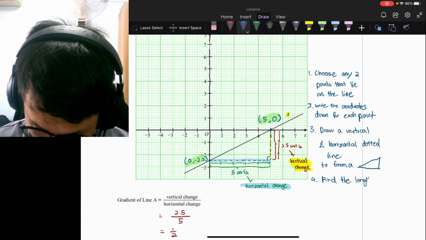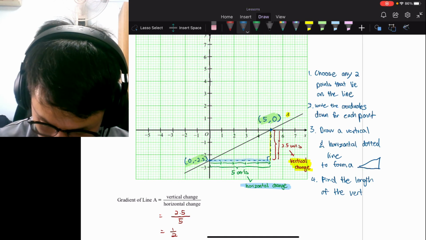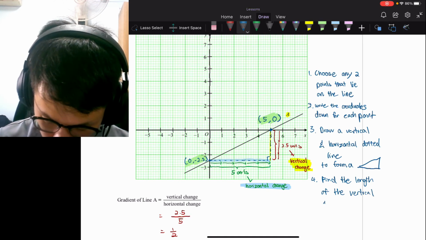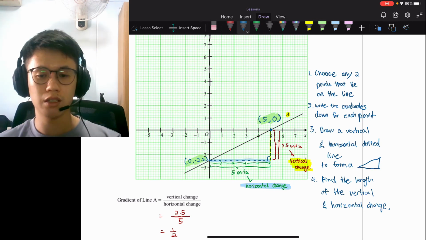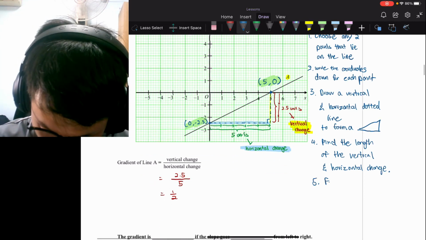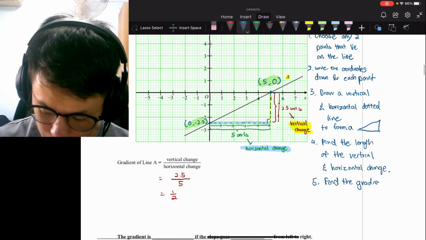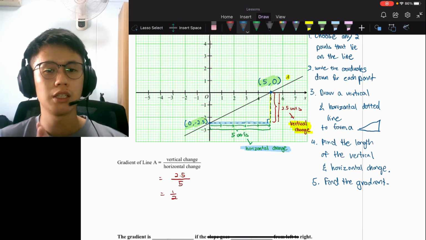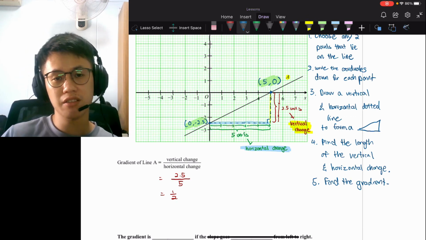Then number 4, find the length of the vertical and horizontal change. Okay, so that's it. Once that's done, number 5, find the gradient. These few steps are a little bit tougher, but no worries, if you follow these steps, you can really easily find the gradient.